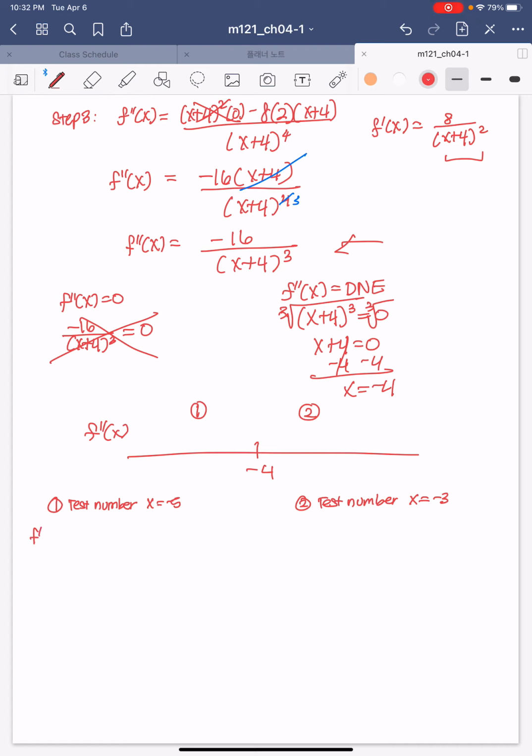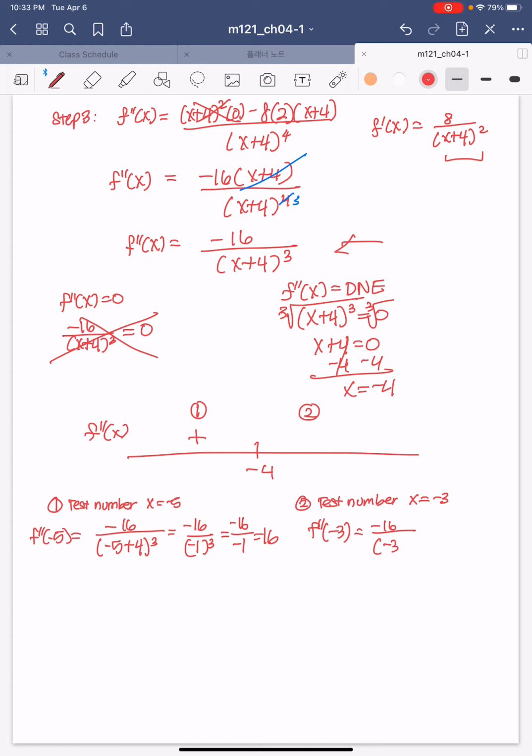So f double prime of negative 5, negative 16 over (negative 5 plus 4) cubed. That's negative 16 over negative 1 cubed, which is negative 16 over negative 1. I have positive 16, positive. If I take the double prime of negative 3, then I have negative 16 over x, x is negative 3.